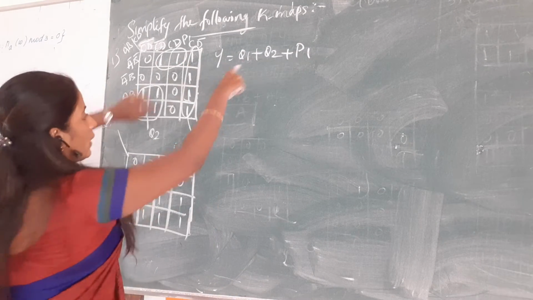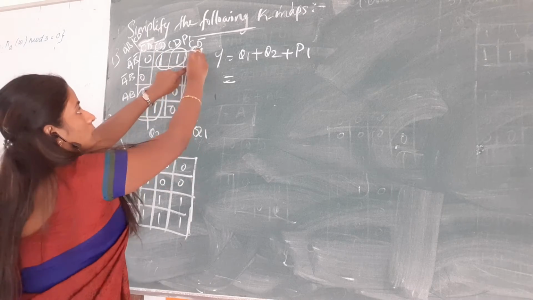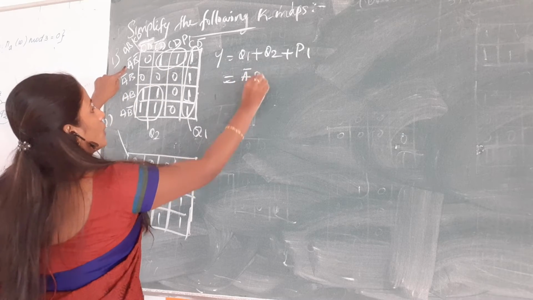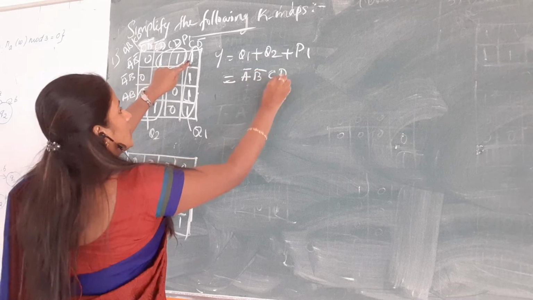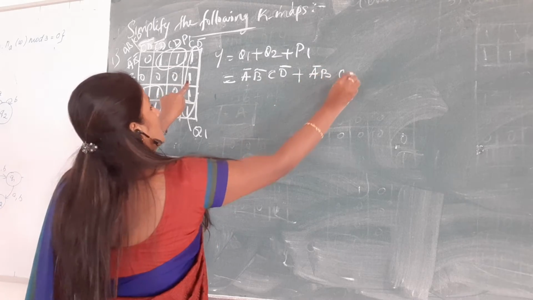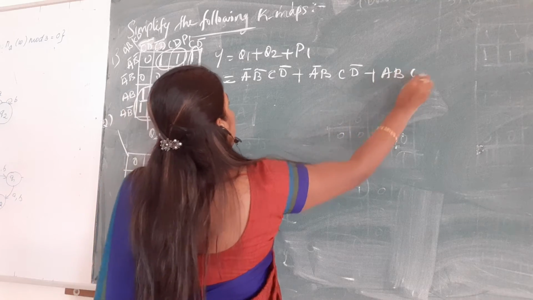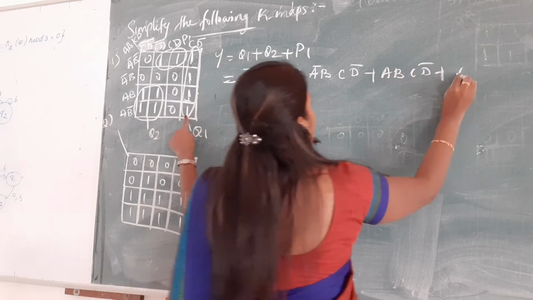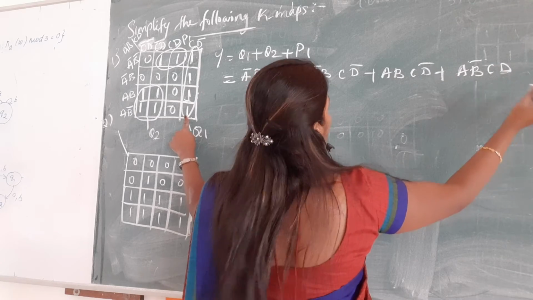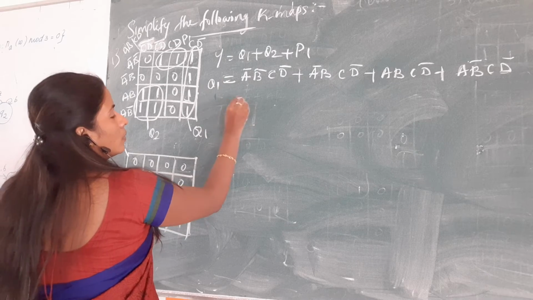See, quad 1 I have taken this. The function is A bar B bar C D bar plus A bar B plus equal to.